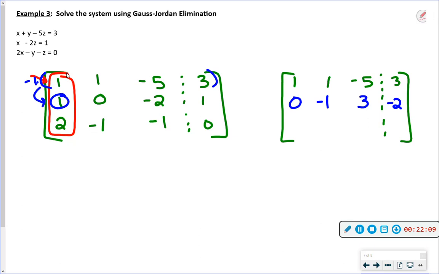All right, let's do the 2. So easy question for you, what eliminates a 2? -2. So I just kind of cross them off. I'm going to do the top one by -2 and add it into the bottom. I'm going to give you a second to do the math.